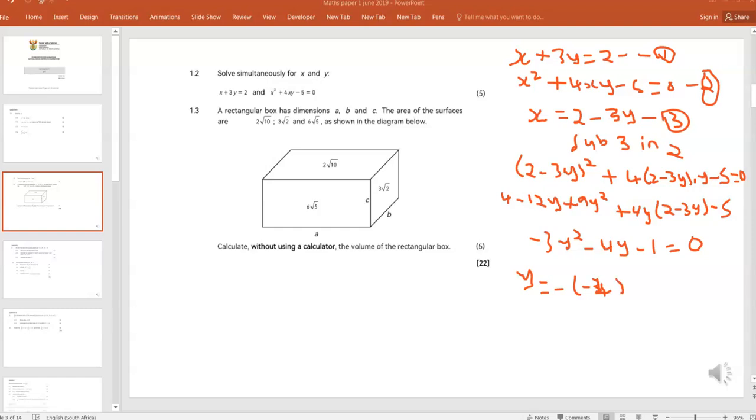And then plus or minus the square root of negative 4 squared minus 4 times negative 3 times negative 1. Everything must be in brackets if it's a negative number. Then you divide everything by 2 times negative 3.